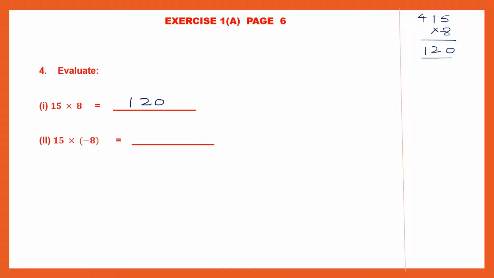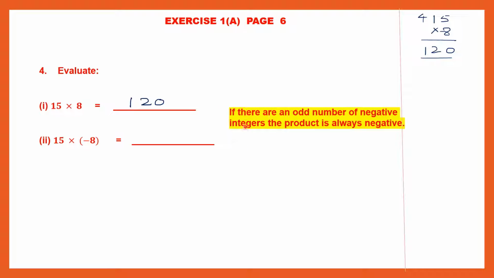Second question, 15 into minus 8. Now here we have a negative integer. There is one negative integer, the other is a positive integer. Now we are going to focus on the negative integers. Now what does this say? If there are an odd number of negative integers, the product, meaning the answer that you get when you multiply, is always negative.